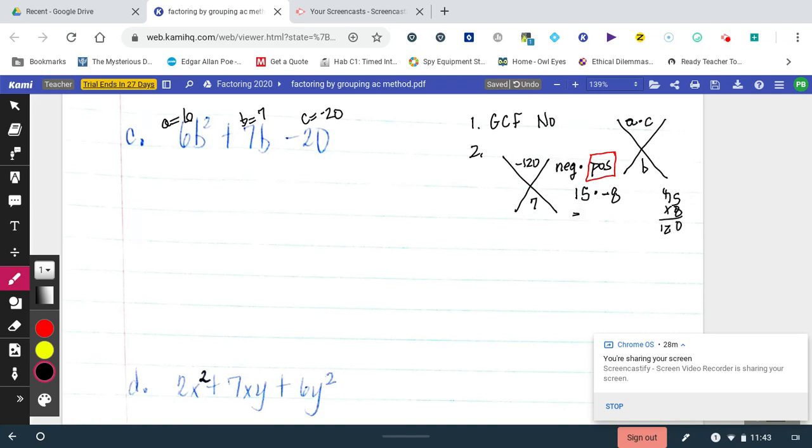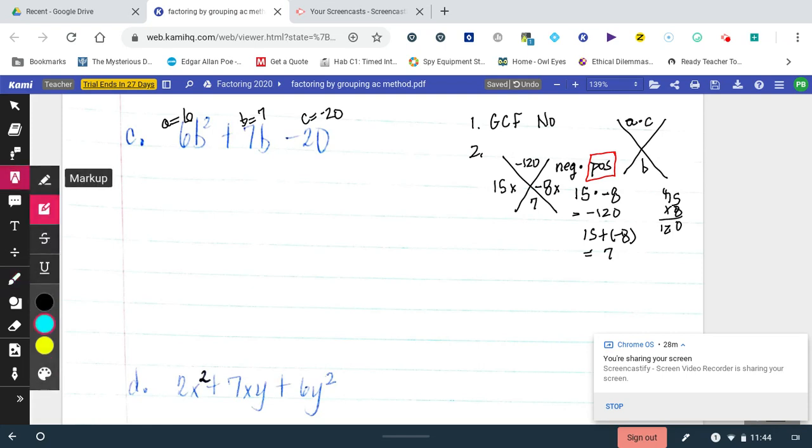And that's my negative 120. And then 15 plus negative 8 equals 7. So I know it's 15 and negative 8. But put your variables, because these numbers on the sides of the X are acting as coefficients when you rewrite your middle term, okay?